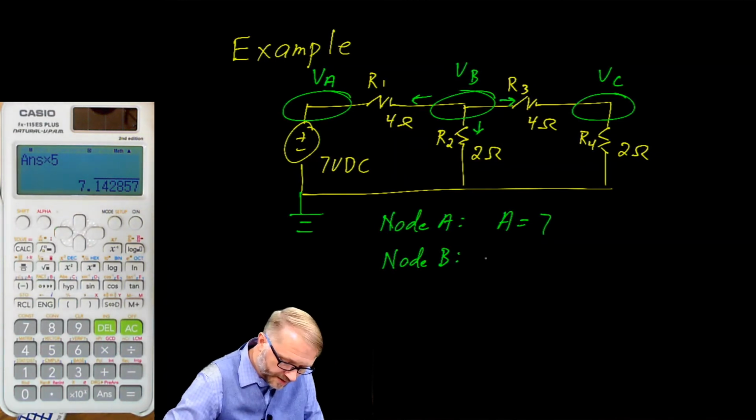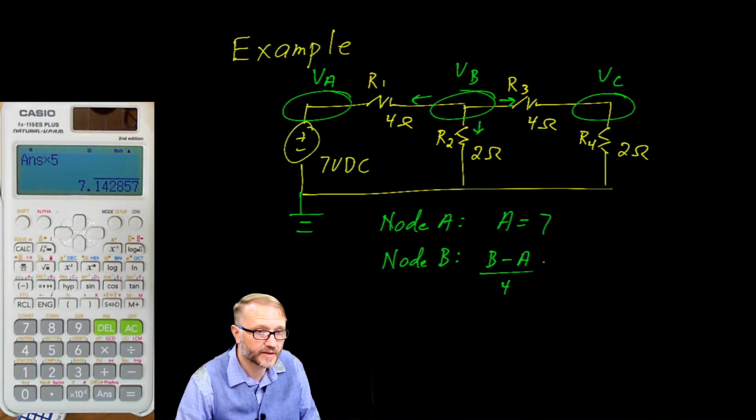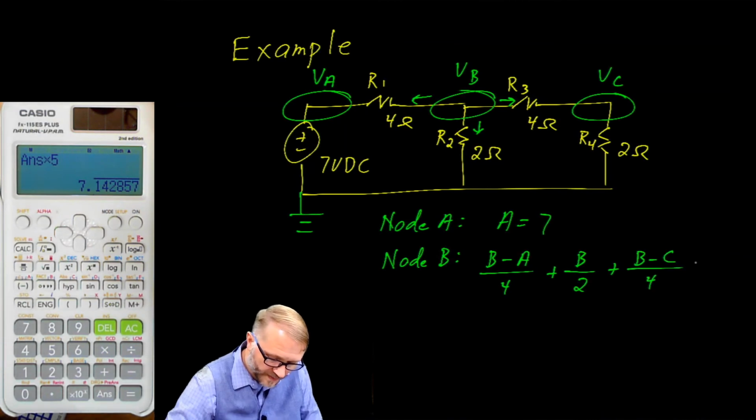For R1, we would say B, that's voltage B, minus voltage A, divided by 4 is the current leaving through R1. For R2, we have a current of B divided by 2. And for R3, we have B minus C divided by 4. And that's the current through R3. And finally, that's equal to 0.